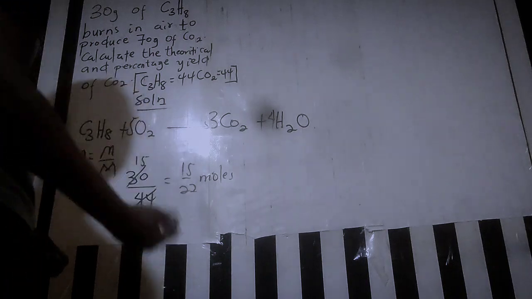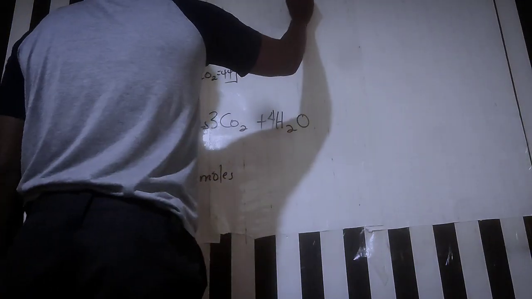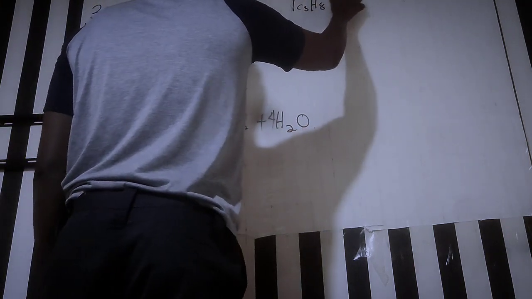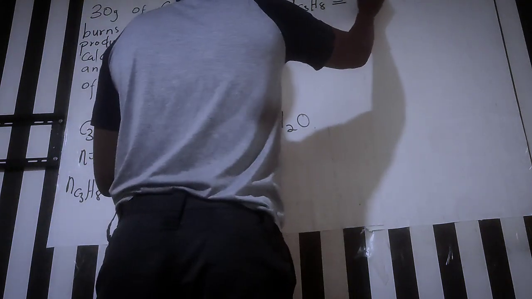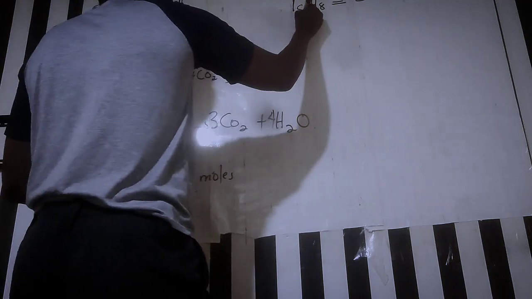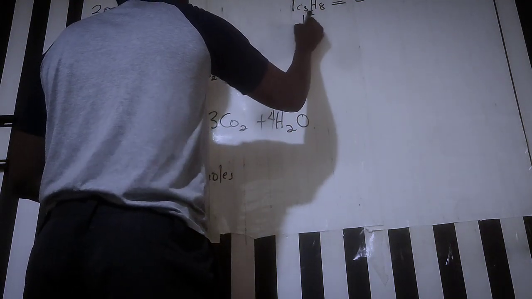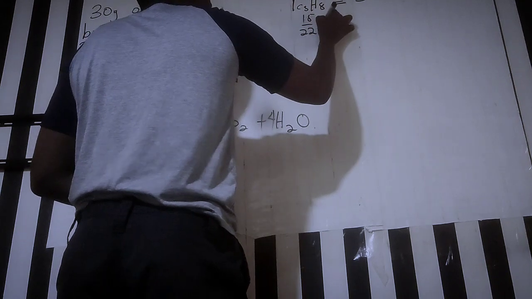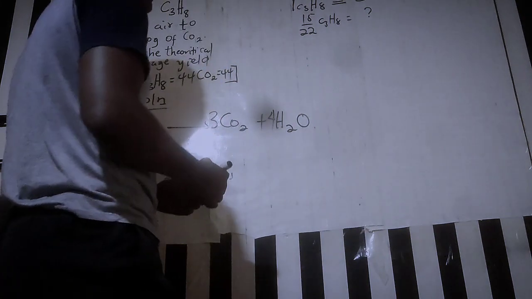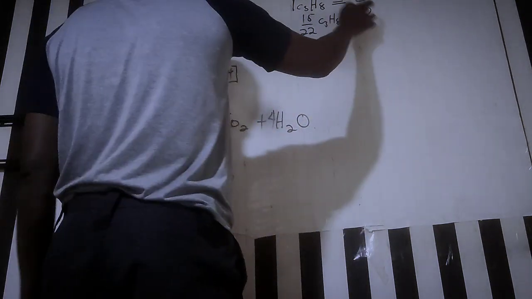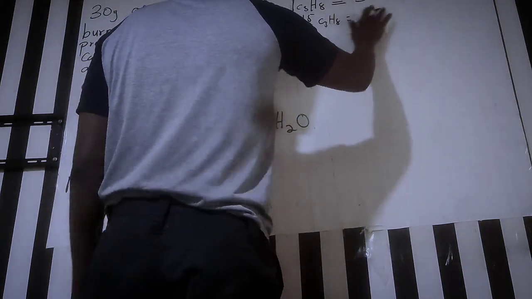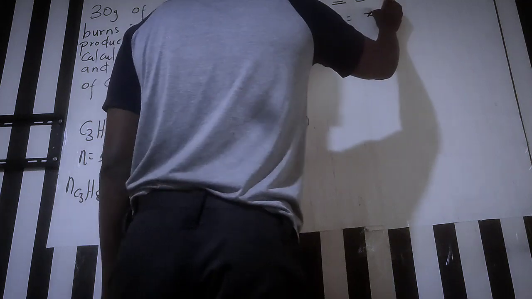Now from here, using mole ratios, I can say if 1 mole of C3H8 reacted to produce 3 moles of CO2, then 15 over 22 moles of C3H8 reacted to produce an amount we don't know. So now, using cross multiplication, I can represent this one by, let's say, X moles.